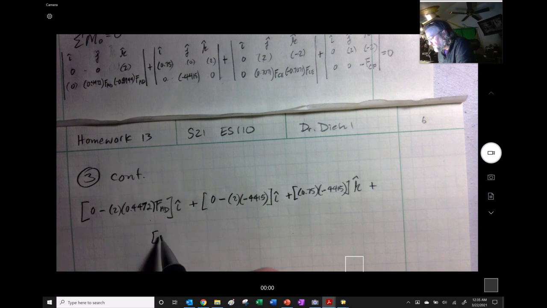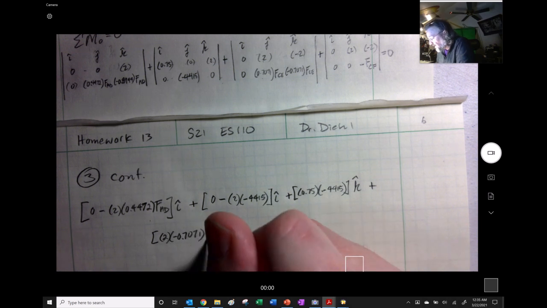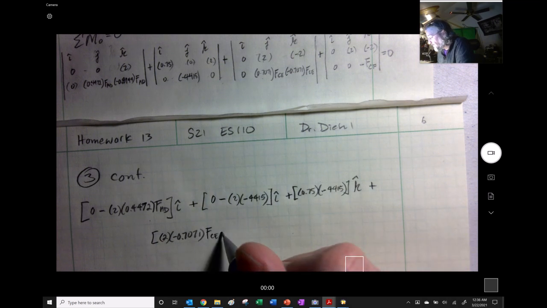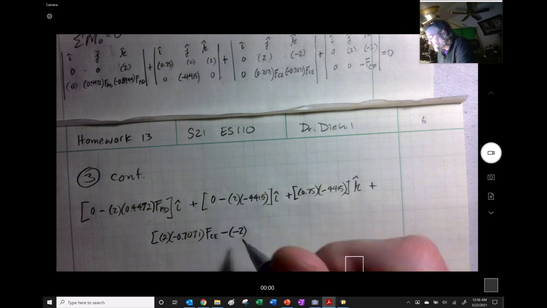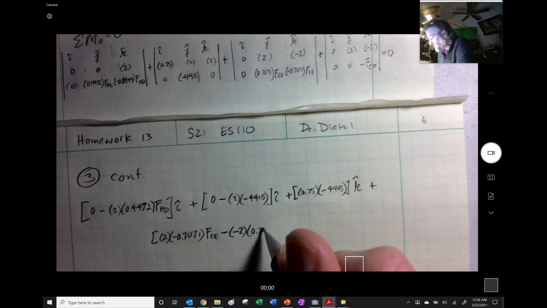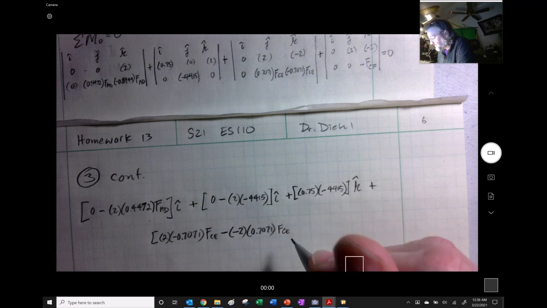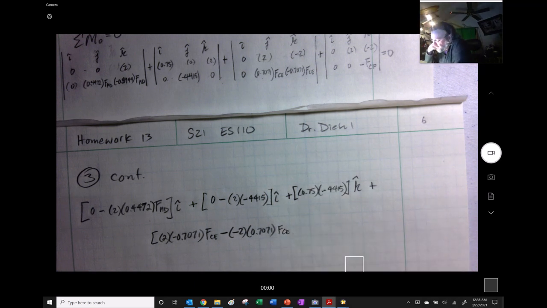So we have a 2 times a negative 0.7071 FCE. And then we have a minus, but then a minus 2 times 0.7071 FCE. That looks like someone's going to cancel each other. No, that like cancels itself out.